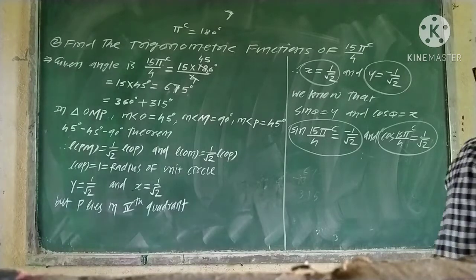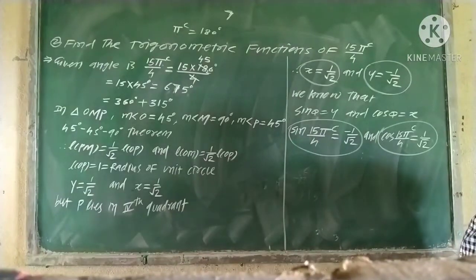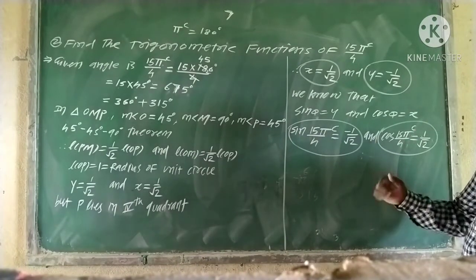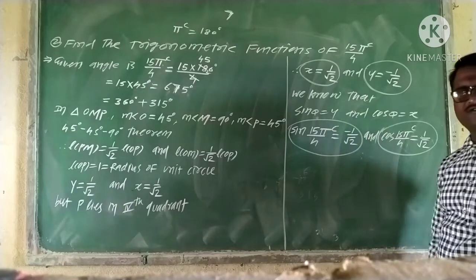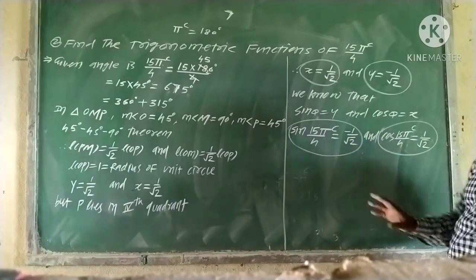Next, we have to find the other four remaining trigonometric functions by using the relation between trigonometric functions.